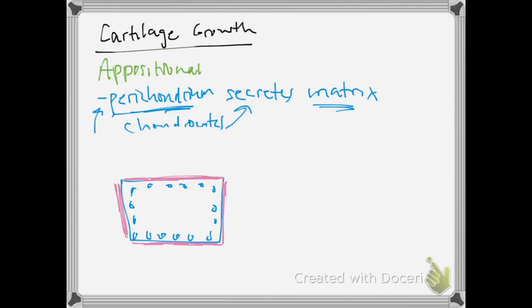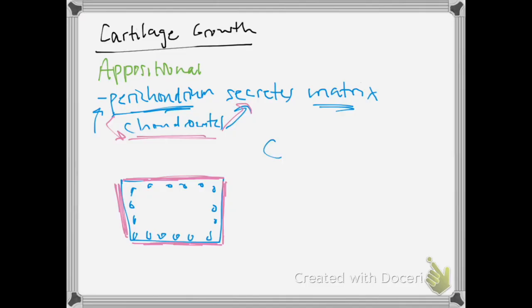So these chondrocytes, and I think before I said it's this perichondrium secreting matrix because that's what it's wrote here. It's these chondrocytes that are right beneath the perichondrium secreting this matrix. So all these blue circles here are these chondrocytes, these cartilage producing cells, and they're going to secrete matrix.